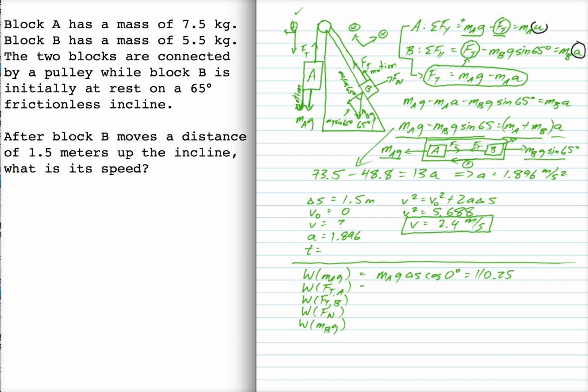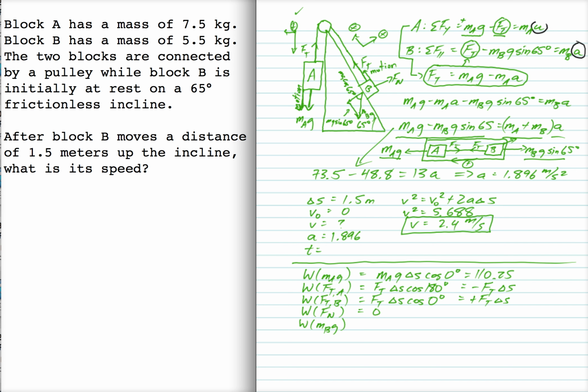The work done by tension on mass A is equal to the force of tension times delta S times the cosine of 180, because the tension and the displacement point in opposite directions, so that's minus Ft delta S. For mass B, the work done by tension is the force of tension times delta S times cosine 0, because in mass B's case, the tension and the motion are in the same direction, so that's plus Ft delta S. The normal force, of course, does no work.